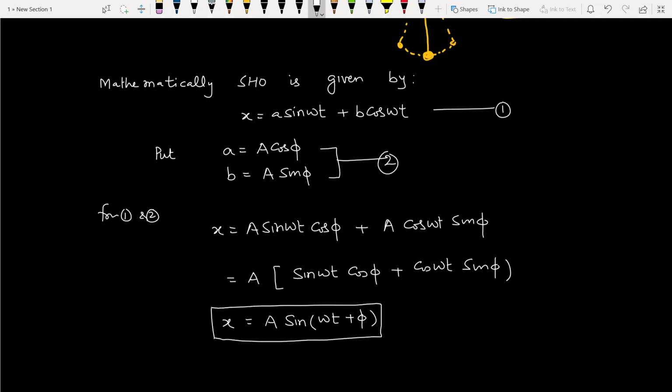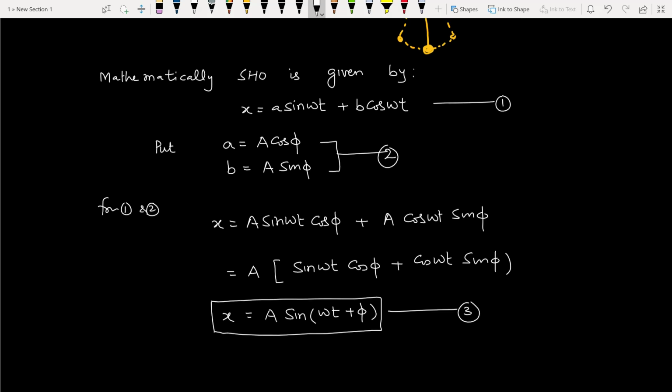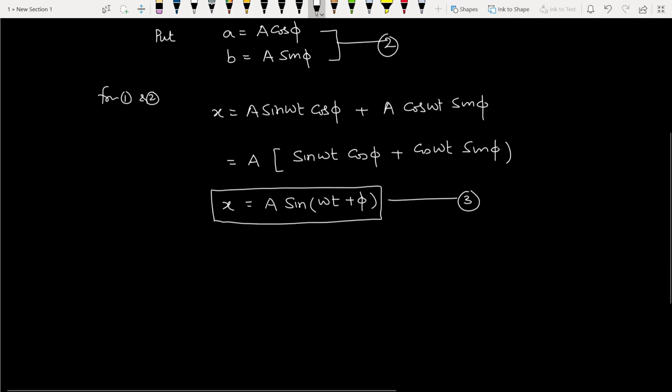So this is the equation of simple harmonic oscillator. We will mark this equation as equation number 3.